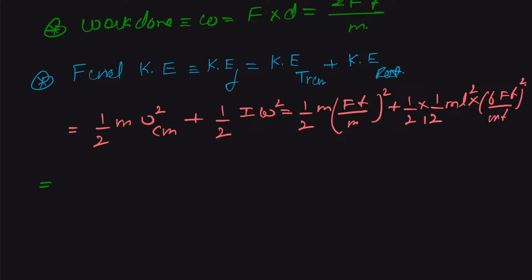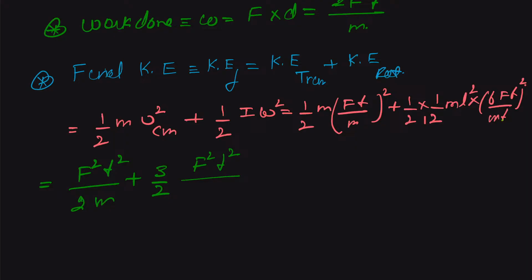So in the first part, this m squared is going to cancel with m, so we get F²t²/2m. In the second part we are getting 36, and this will be 3, so this will be 3 by 2, and this square will be cancelled with our m, so in the numerator we get F²t².